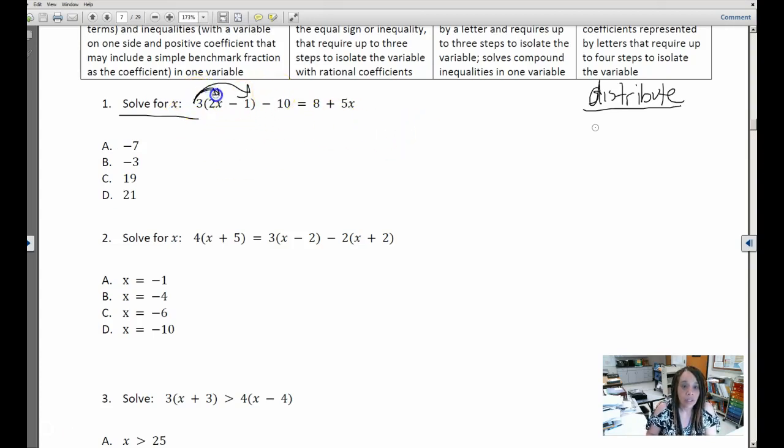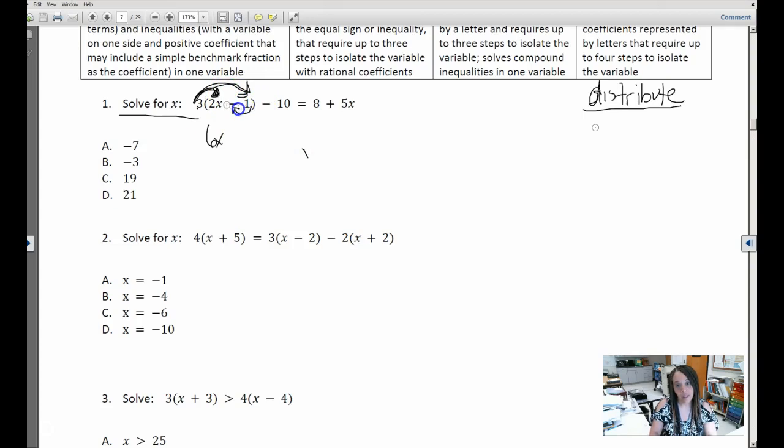So 3, and we're using multiplication when we distribute. 3 times 2 is 6, and the x comes along for the ride because 2x times 3 is 6x. Okay? And then here I have what might look to some people like 3 times 1, but that is wrong, because we always have to take note of what is the sign in front of the number.